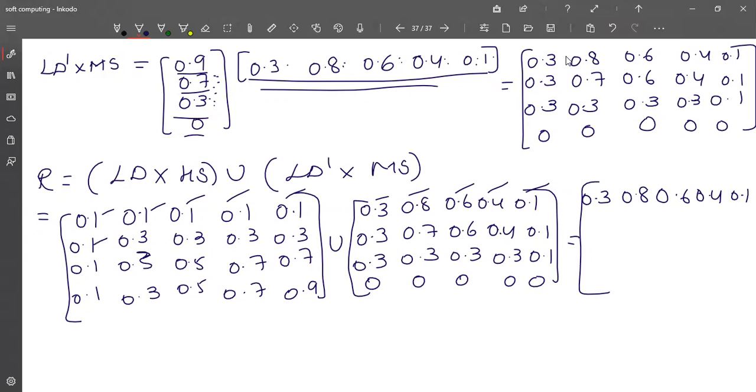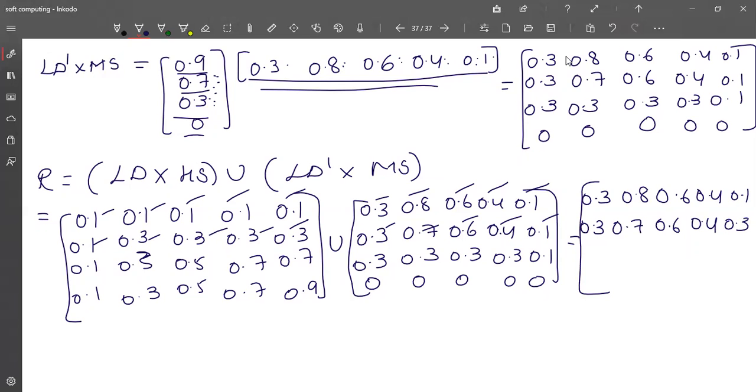Now 0.1 and 0.3, 0.3 is maximum; 0.3 and 0.7, 0.7 is maximum; 0.3 and 0.6, 0.6 is maximum; 0.3 and 0.4, 0.4 is maximum; 0.3 and 0.1, 0.3 is maximum.